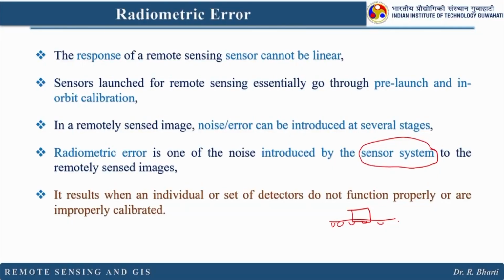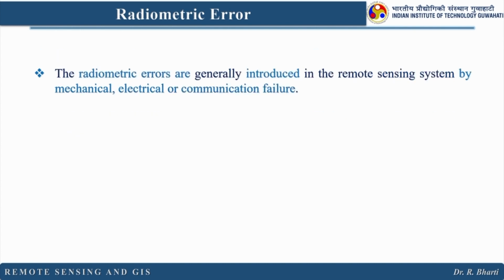That is why I have written, it results when an individual or set of detectors do not function properly or are improperly calibrated, right? The radiometric errors are generally introduced in the remote sensing image by mechanical, electrical or communication failure.